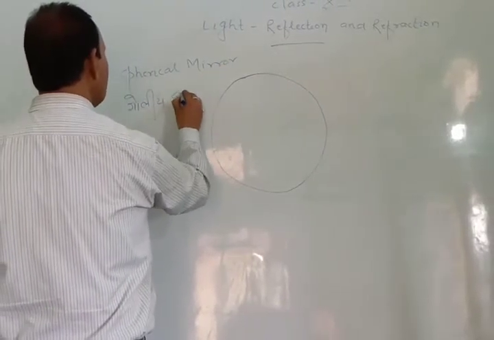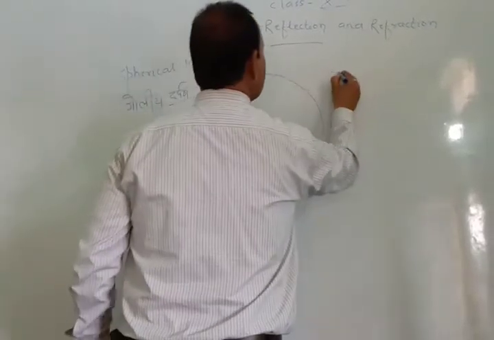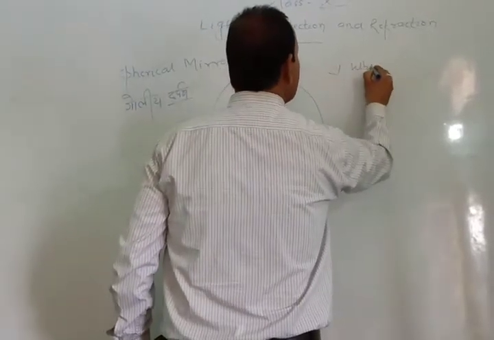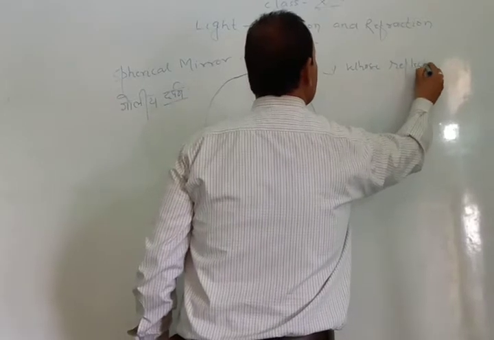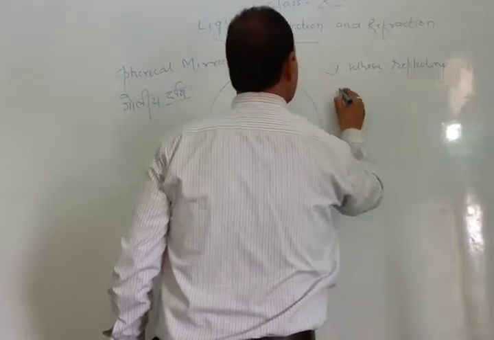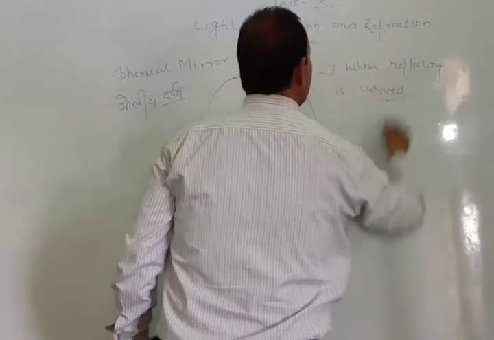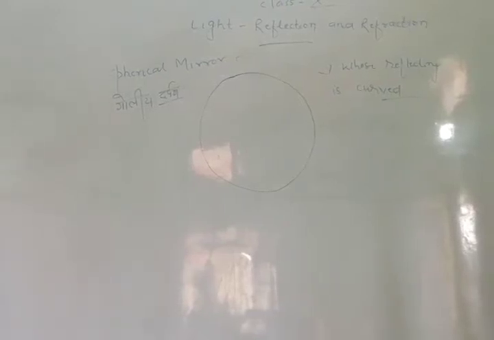So you can define it like this: a spherical mirror is one whose reflecting surface is curved.